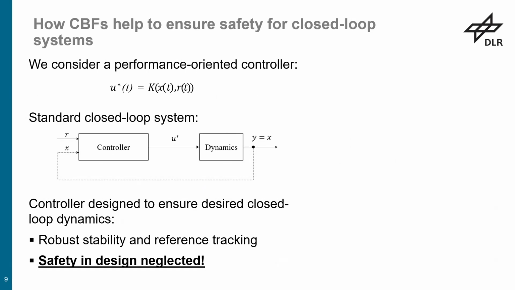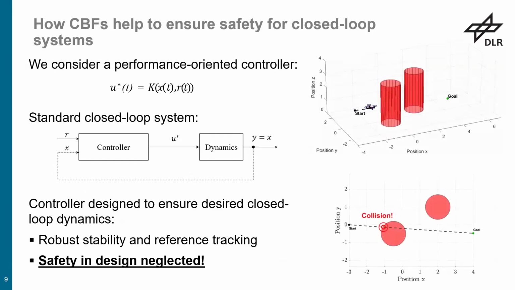For example, you have a UAV, you can't add, let's say, pillars for objects in your control synthesis. It makes no sense. So you have to neglect it, and you just look at some robust stability or reference tracking and performance. But what eventually will happen if you don't have a safety filter is that your system will collide, right? Here's just a simple pillar. The system will fly against this pillar.